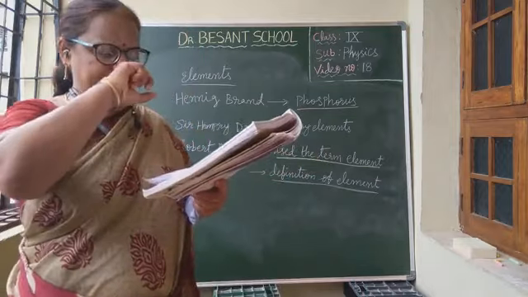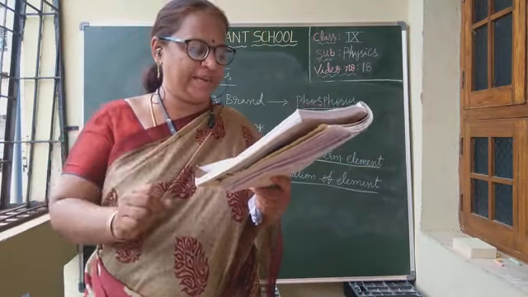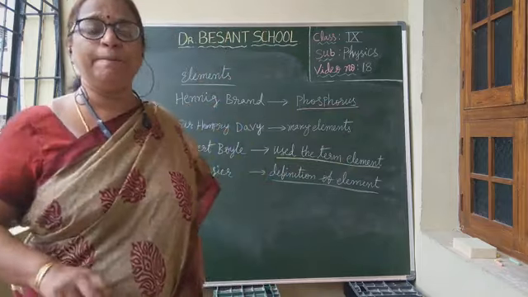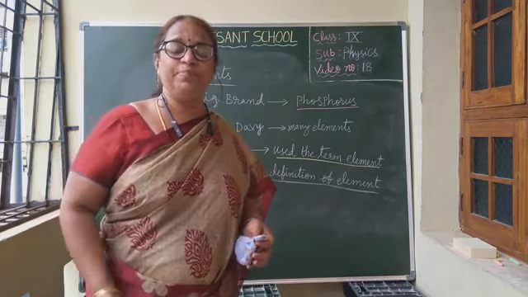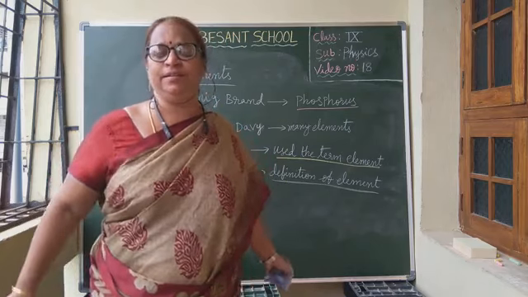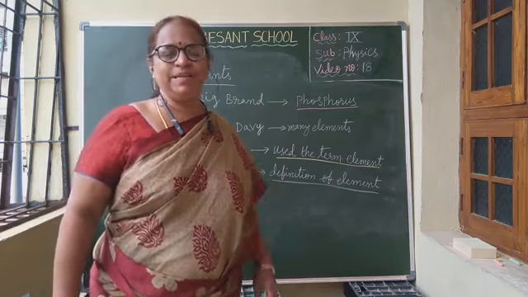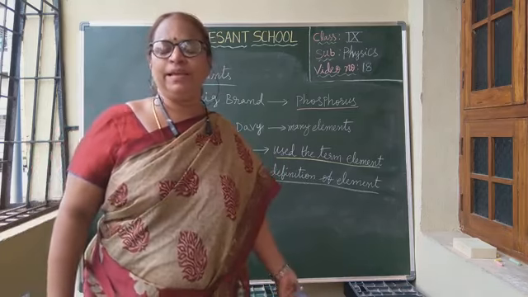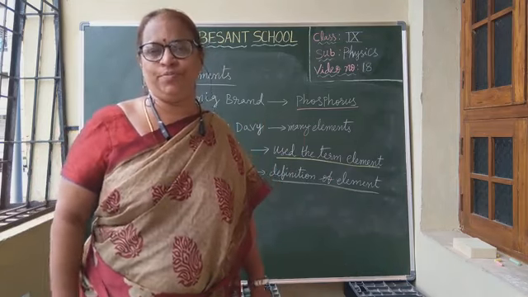See, what is the definition? He defined an element as a basic form of matter that cannot be broken down into simpler forms by chemical reactions. What did Lavoisier tell? It is the basic form of matter which cannot be divided even by chemical means. It cannot be divided by physical means nor chemical means.